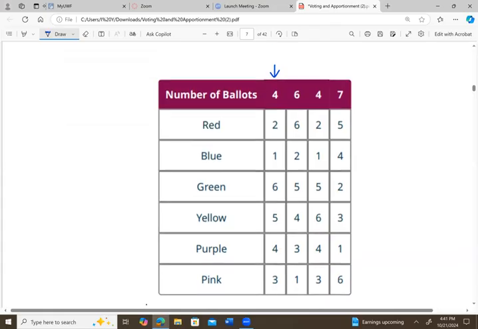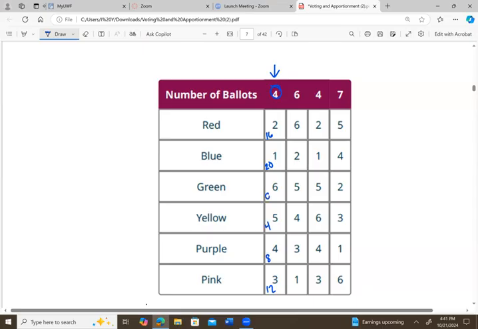So here's what we do. For first place, there are 5 below. We have 4 total, so this receives 4 times 5, or 20. This would receive 4 times 4, or 16, 4 times 3, or 12, 4 times 2, or 8, and 4 times 1, which is 4.